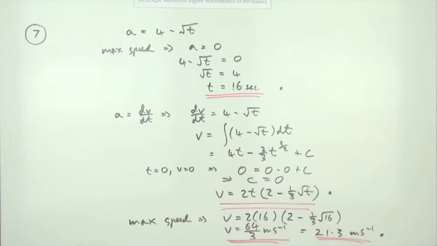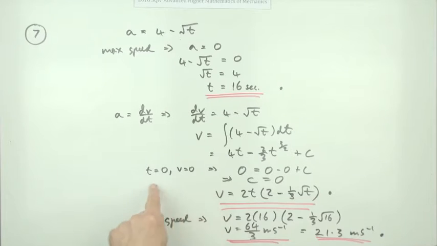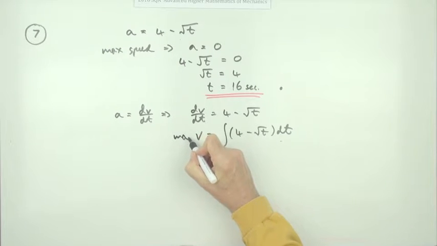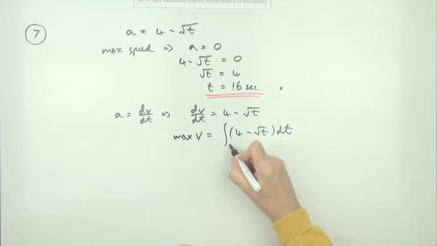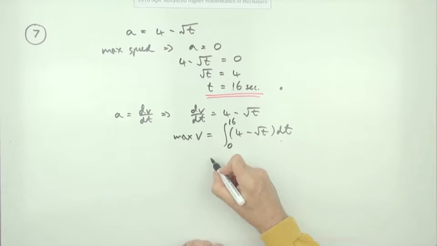Oh no, there's the other way, of course. The alternative to having to find that constant would have been to say straight away here, maximum speed will be the integral from 0 to 16 of that. Just integrate that acceleration over the time it still had a positive acceleration.